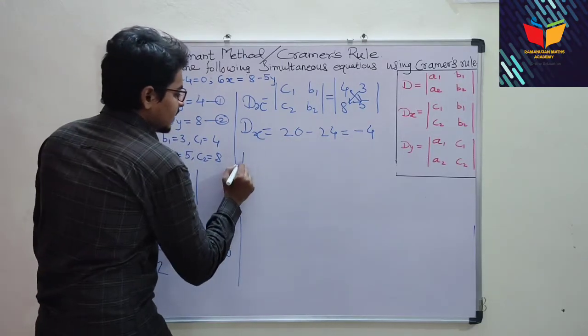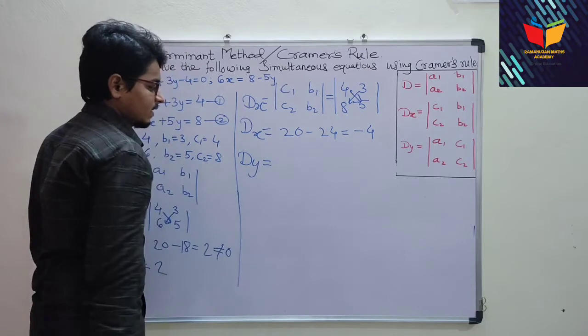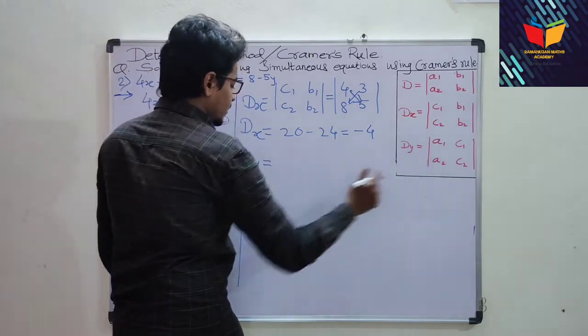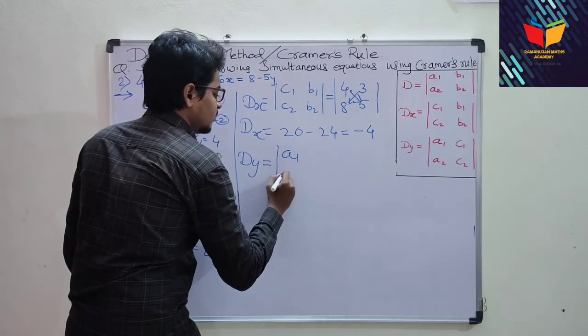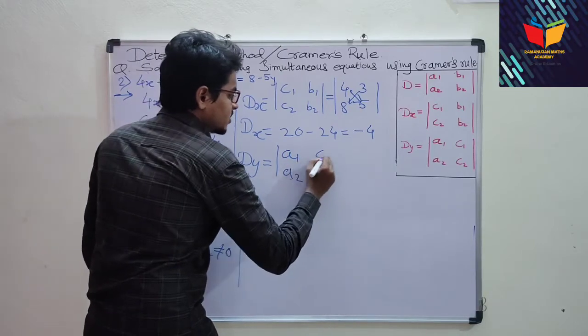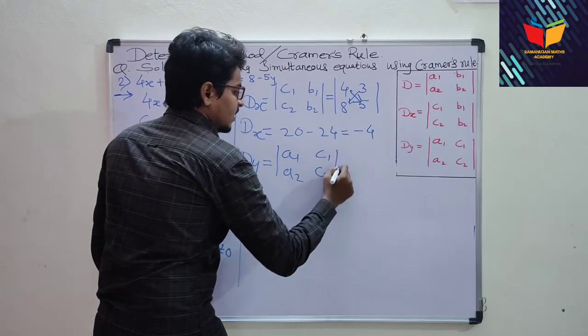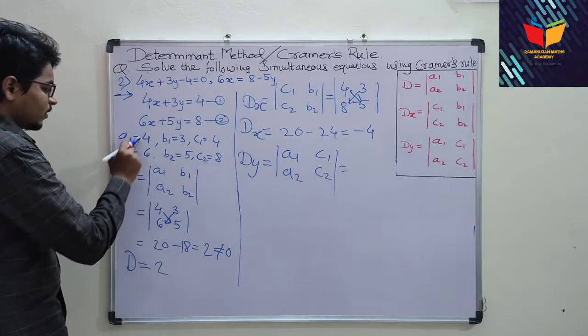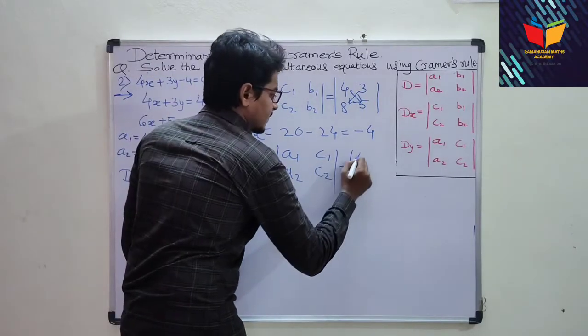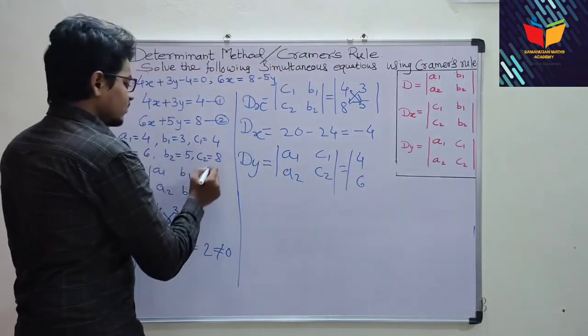Now we will find value of dy. So formula is here, dy is equal to a1 a2 and c1 c2. Okay, now substituting the value, 4 6 and 4 and 8.